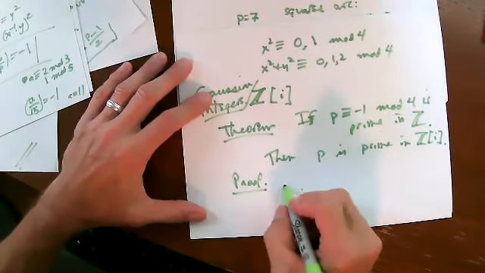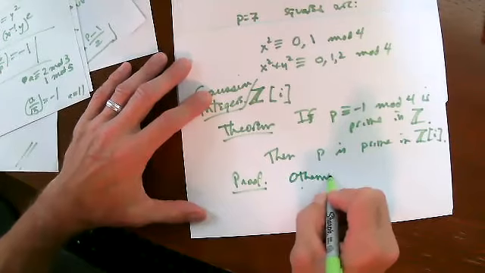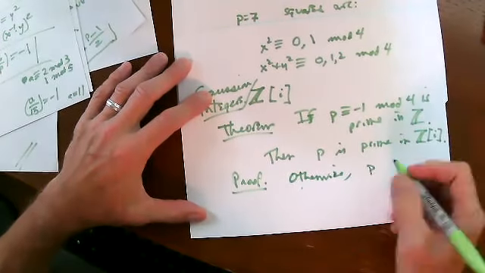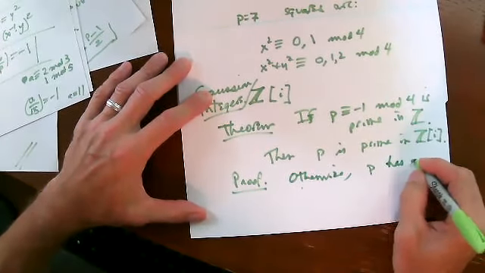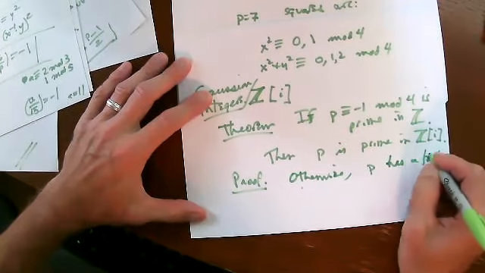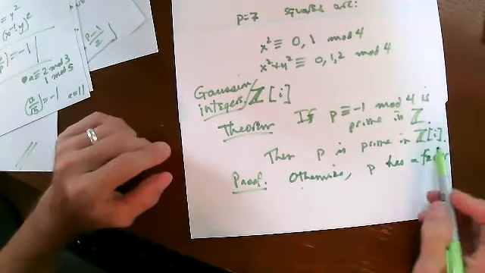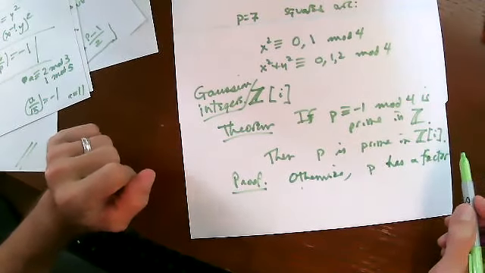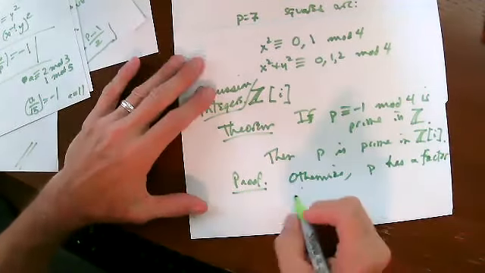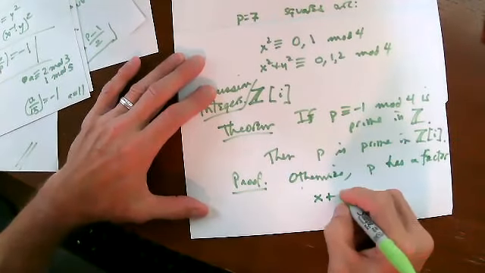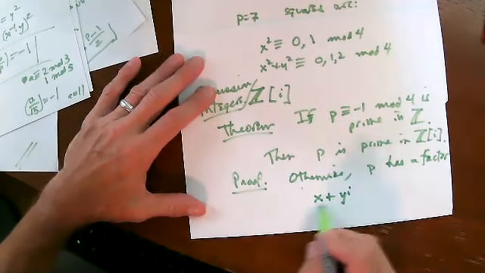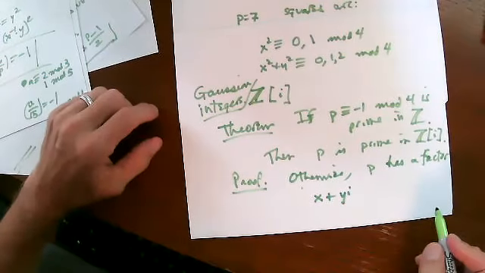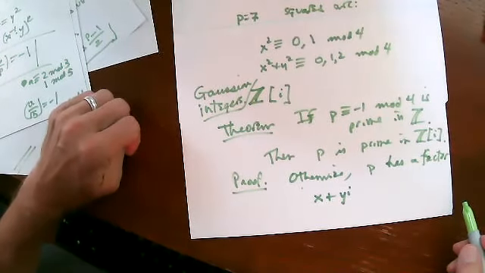If p is not a prime, p would have a factor. And by a factor, I mean something other than a unit. Remember, the units are plus or minus 1 and plus or minus i. But a proper factor would mean it's some number of the form x plus yi, where you don't have a 0 for one of those two integers and a plus or minus 1 for the other one.